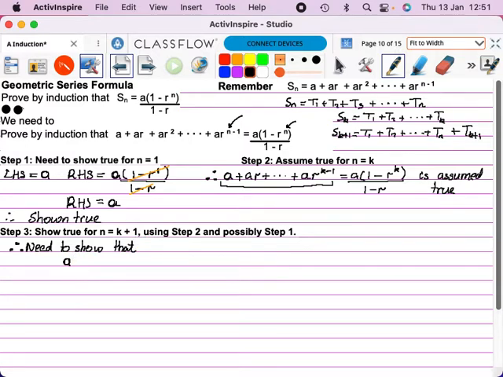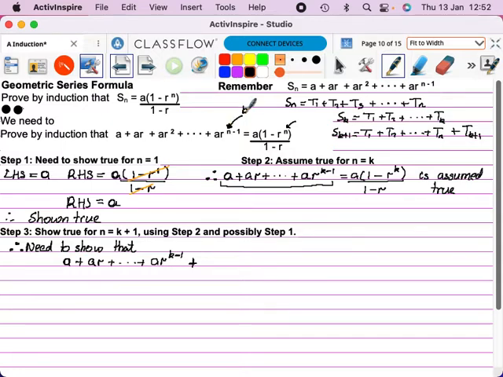A plus AR plus ... plus AR to the k minus 1. That's up to the kth term, but we want k plus 1. So we're now going to replace the n with a k plus 1.